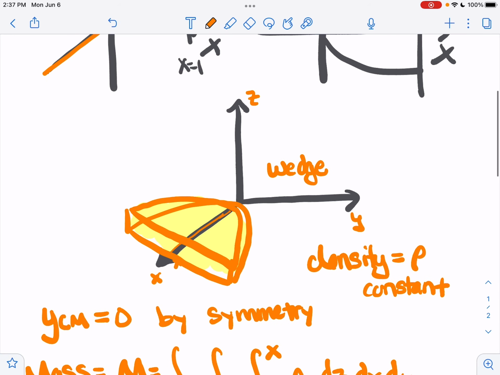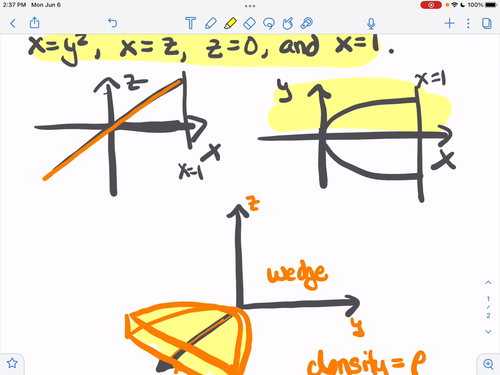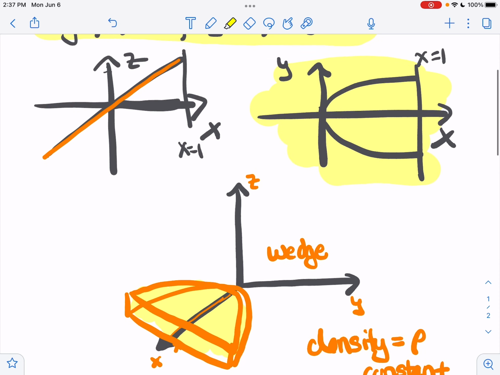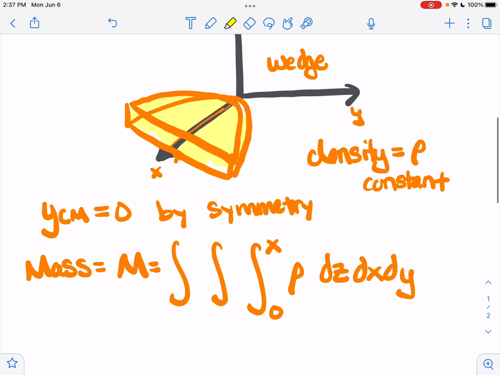And then for the double integral that's left, the x and y integral, we're looking at the xy plane. We have x going from y squared on the left to x equals 1 on the right. So y squared up to 1, and y going from minus 1 below up to 1 above.